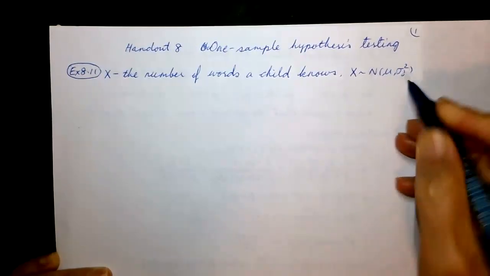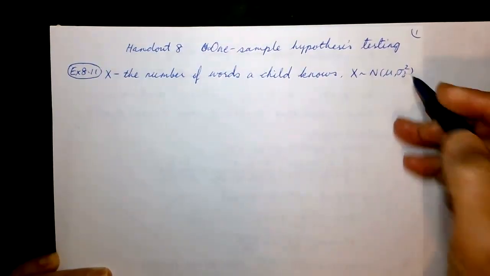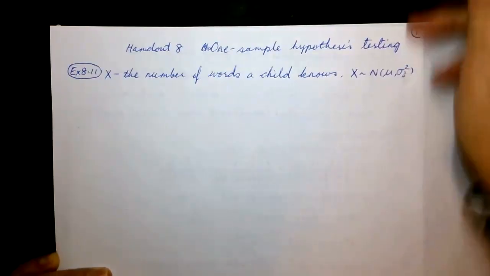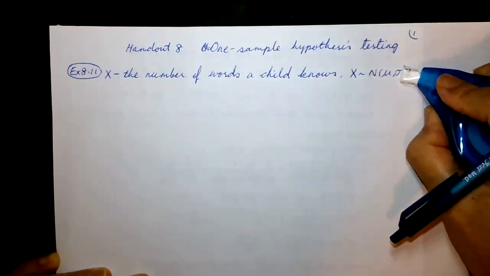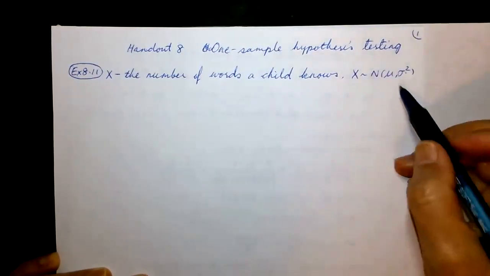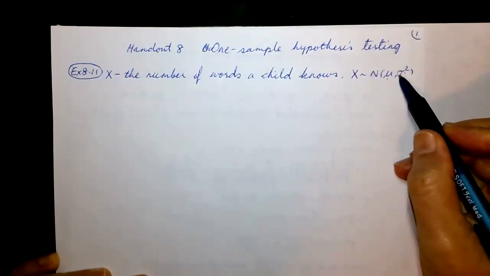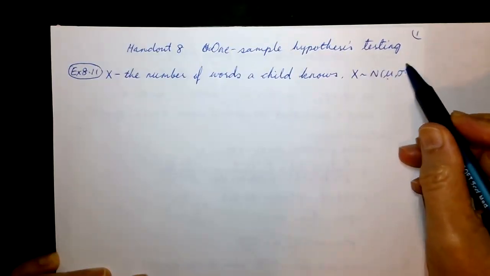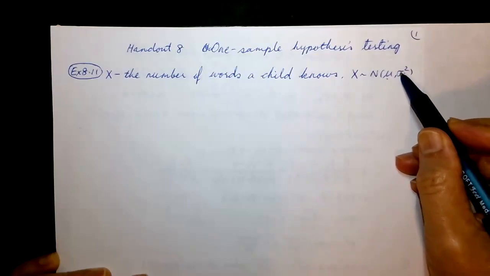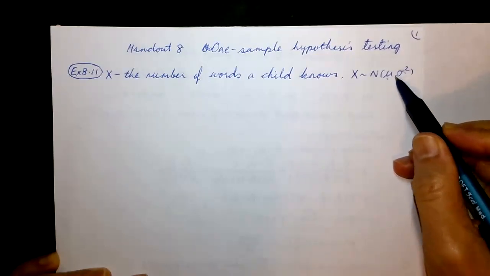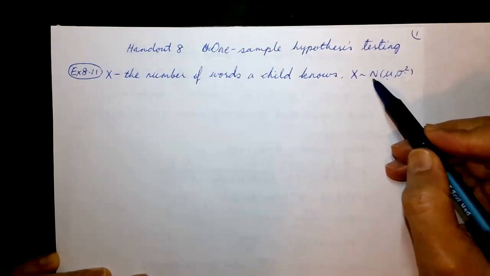I introduce mu and sigma squared. There's a tool. Population mean, population variance. This is the population standard deviation. But they are both from the population because this is the distribution, right?